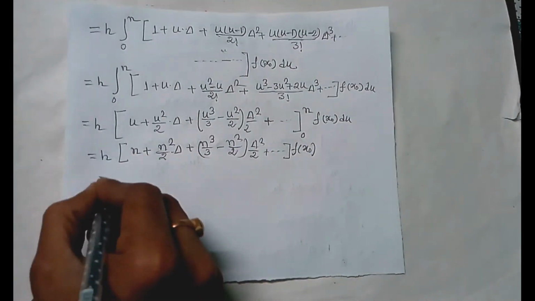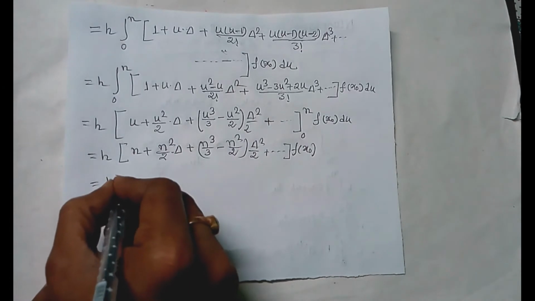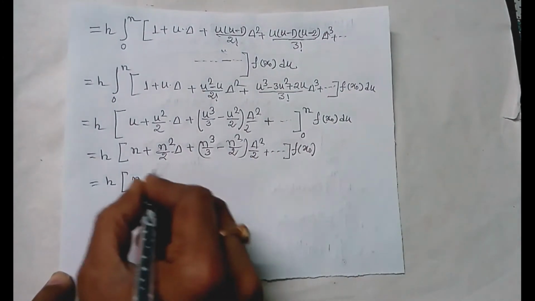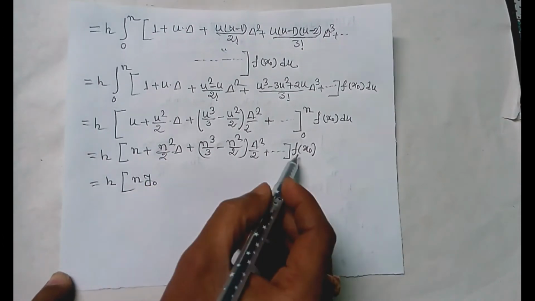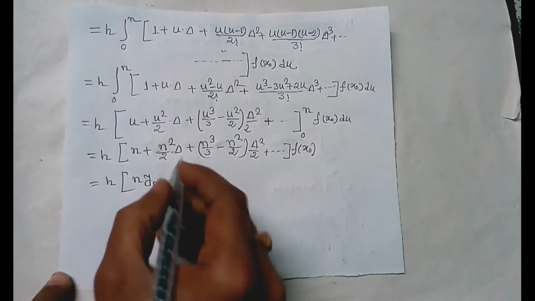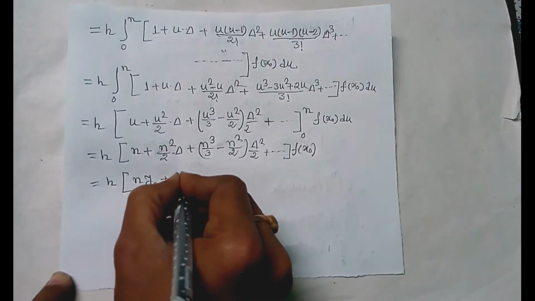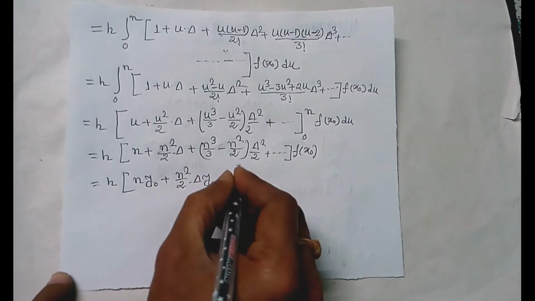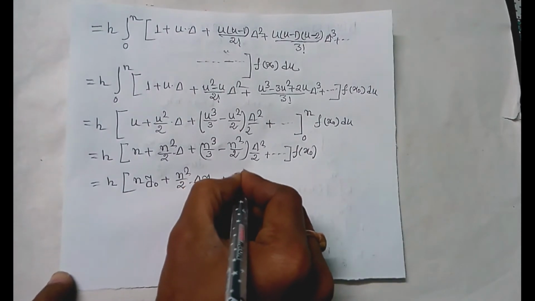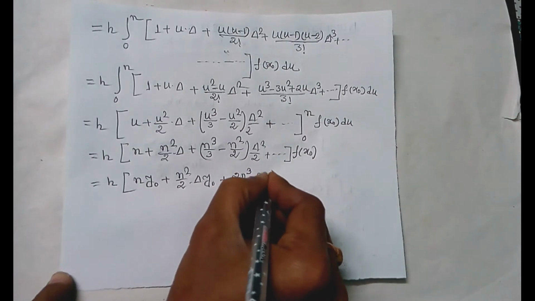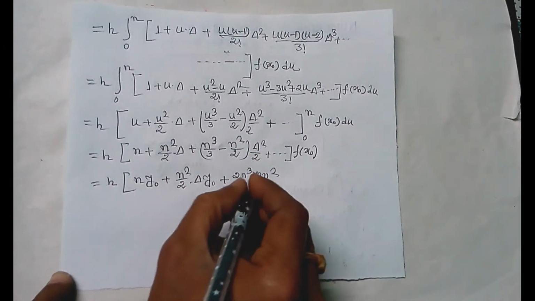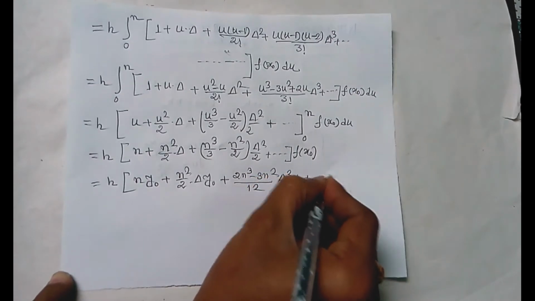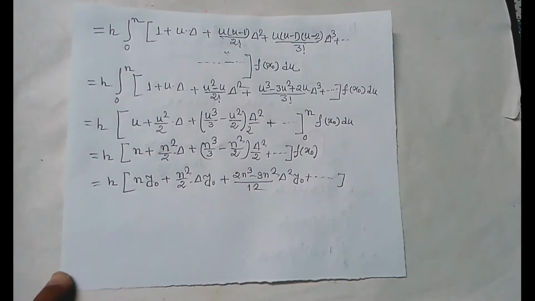which can be written as h into, n times f(x0), and f(x0) can be written as y0 because we know that f(x0) is equal to y0, plus n square by 2 into delta y0, and if we simplify this we find that this is (2n cube minus 3n square) divided by 12 into delta square y0 and the remaining terms.